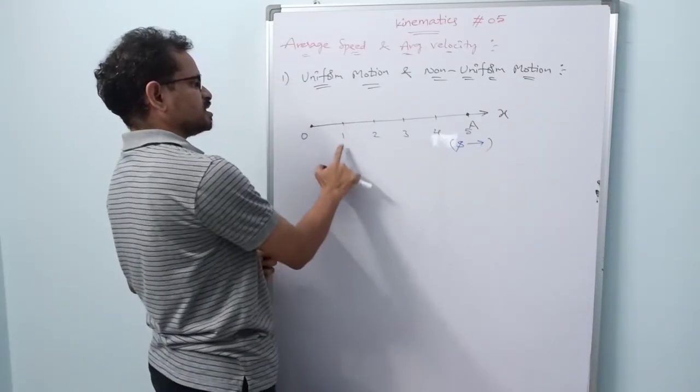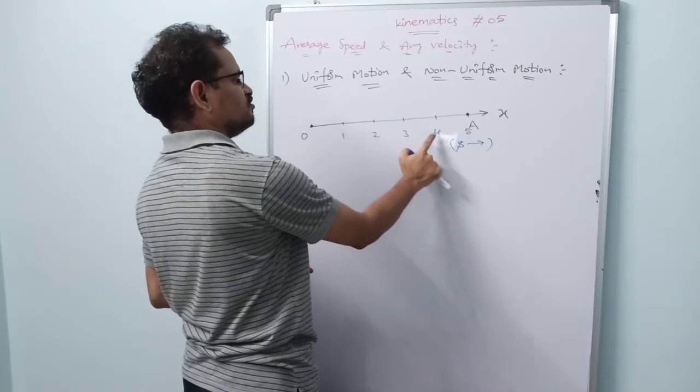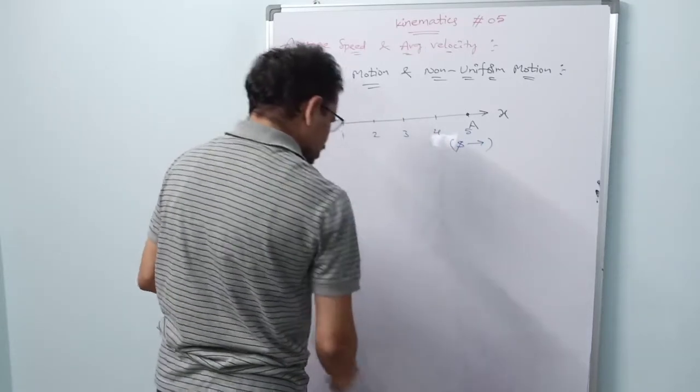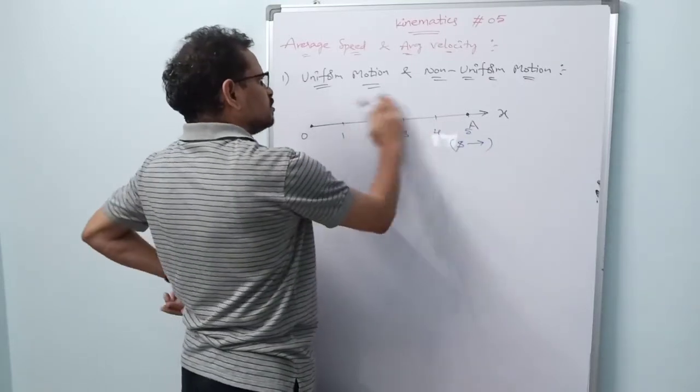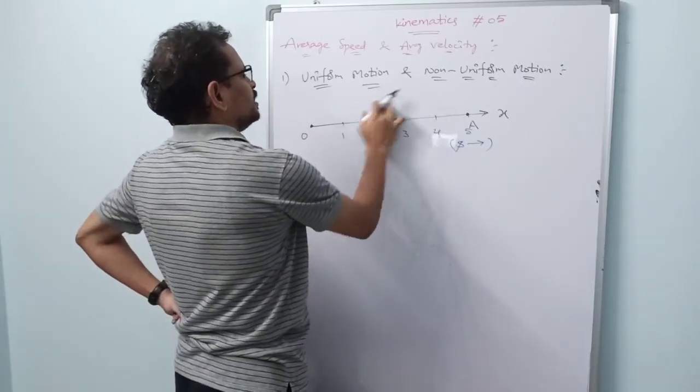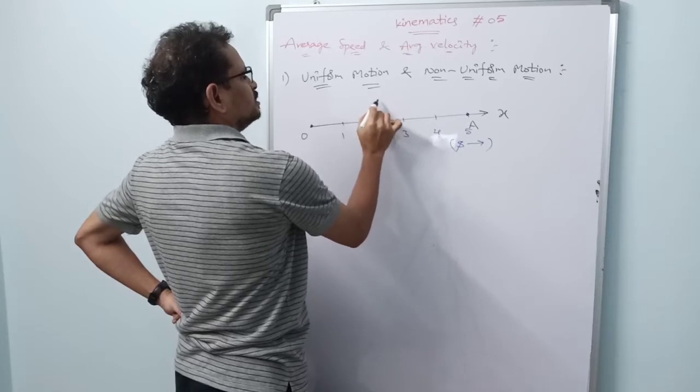This is the first second, second second, third second, fourth second, fifth second. So the total time taken is 5 seconds. Let us suppose that the total journey is some 50 meters.